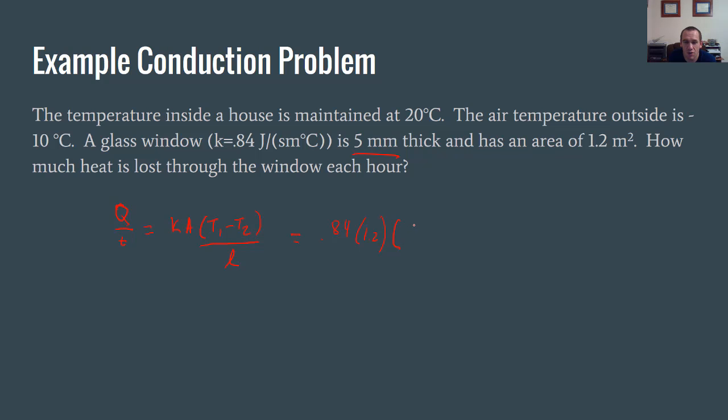So T1 minus T2. The heat is flowing from hot to cold, so it's going from 20 to -10. 20 minus a minus 10 is 30, over 0.005. Let's see what we have in terms of our units.